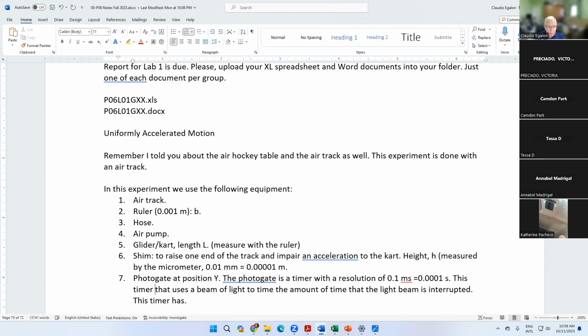This timer uses a beam of infrared light, IR for infrared, to determine the amount of time that the light beam is interrupted.